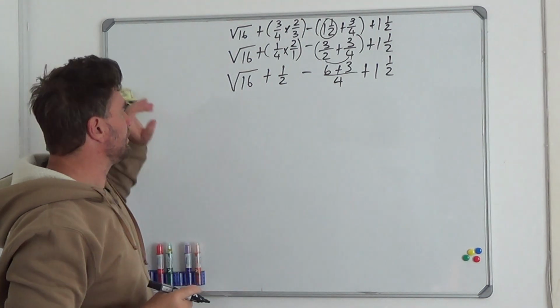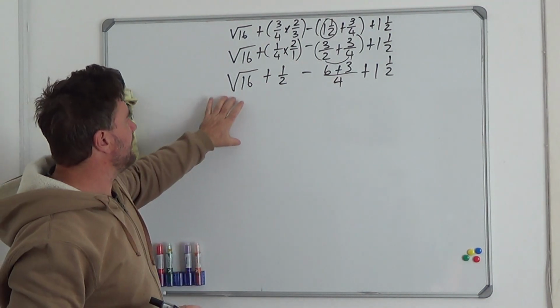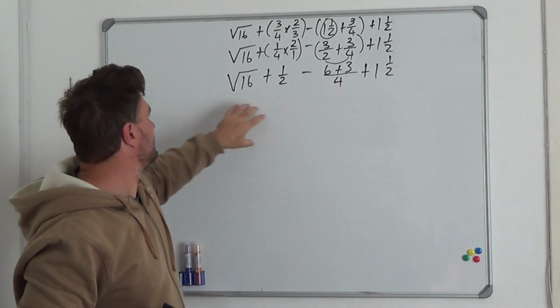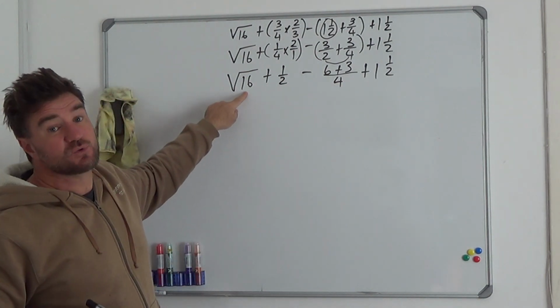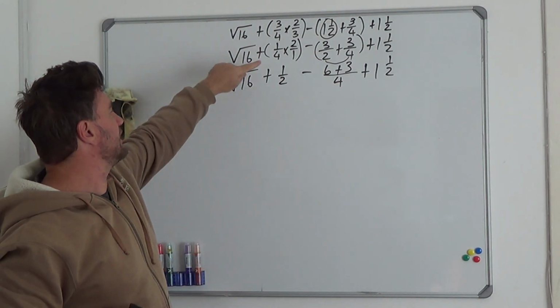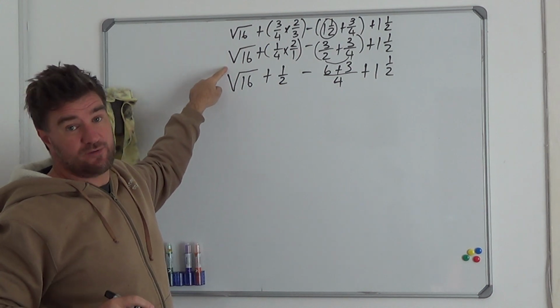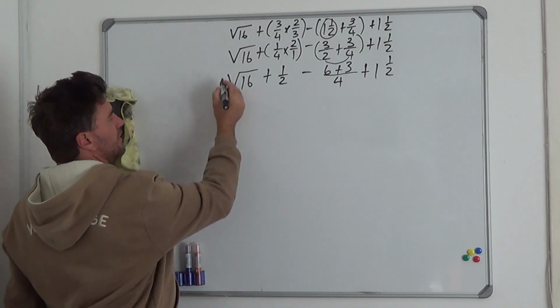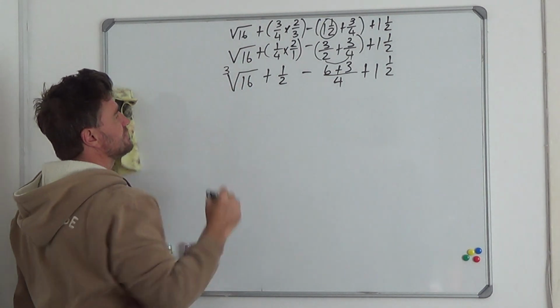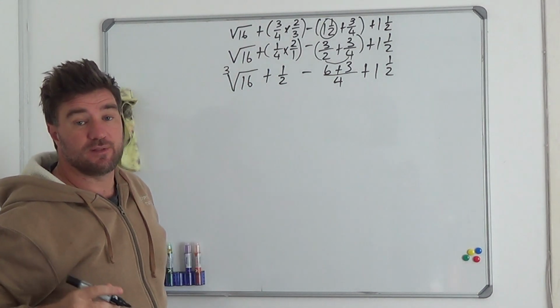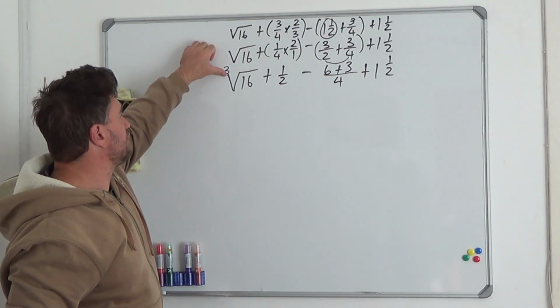Okay, so let's carry on working with our equation then. Straight away we know what the square root is. Remember, when you see the square root sign and there's no number there, you know that it is square root. If they wanted you to do cube root, they would always put the 3 in there and you would know that that is cube root.